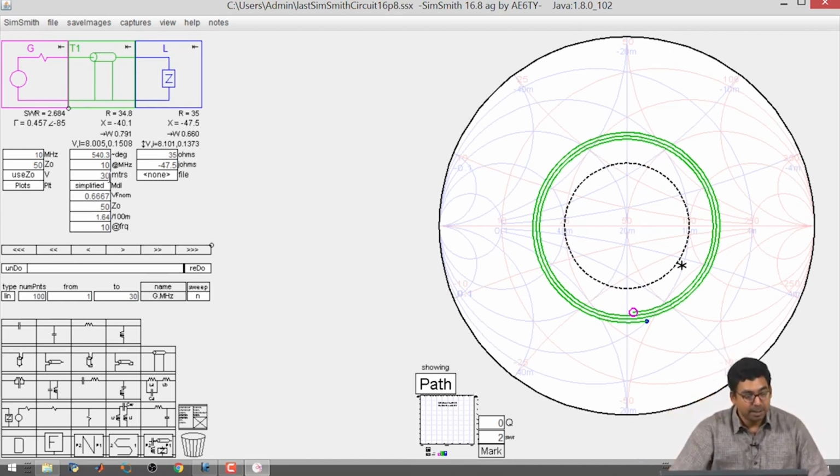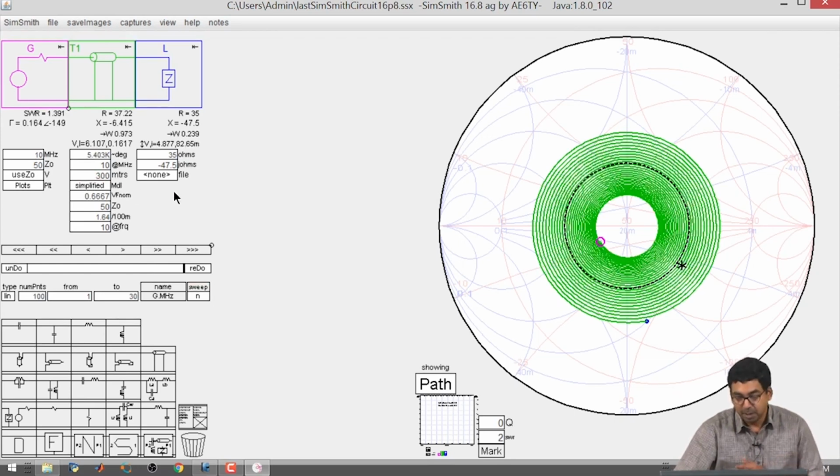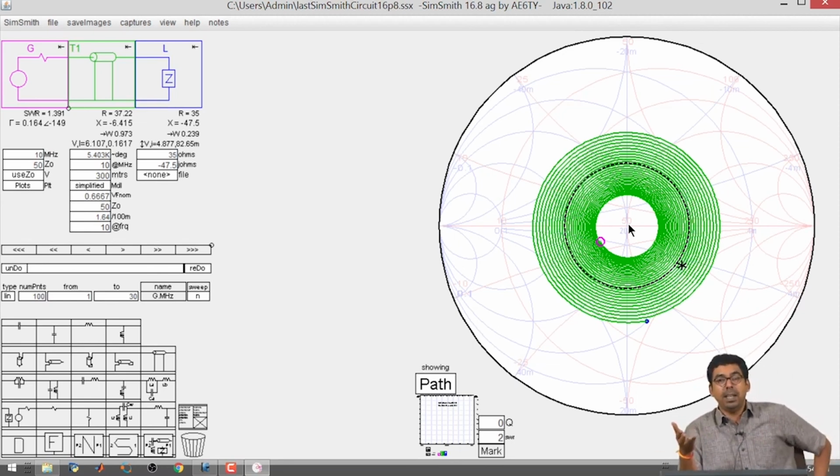The amazing thing is, if I make this really long, say 300 meters long, actually I am getting closer to the impedance match condition. If I make it very long, say 3 kilometers or something, I may actually be very close to the center. The generator will not see any reflection, but the load also will not see any power.